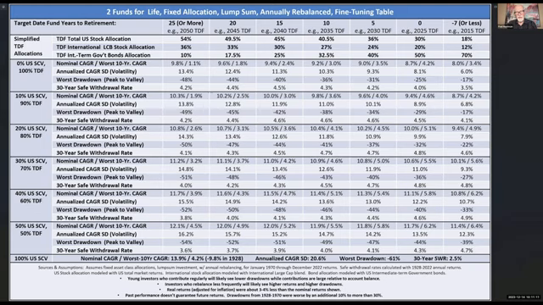So we have the ability with our lifetime investment calculator to be able to determine what would happen if one had started accumulating money in, for example, 1970 and at a certain age, and then they changed their asset allocation as they got older.